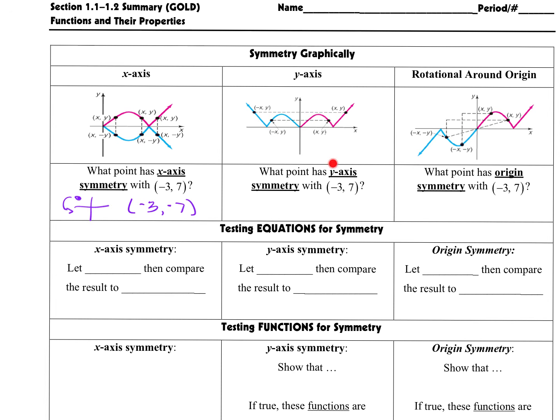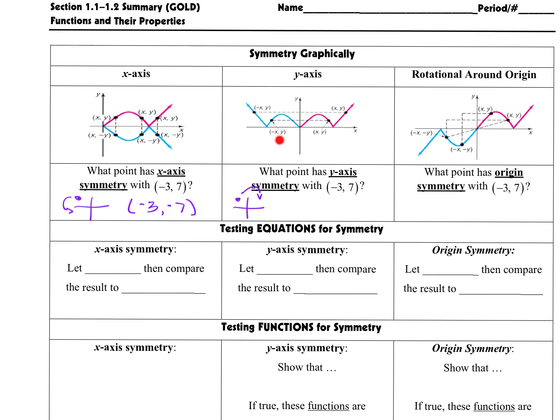If we wanted to find the point over here, following the same idea, now we want symmetry with respect to the y-axis. Again, we could put that point in its proper quadrant. It would be in the second quadrant. Now we want symmetry with respect to the y-axis, so that point would need to appear over here in the first quadrant.